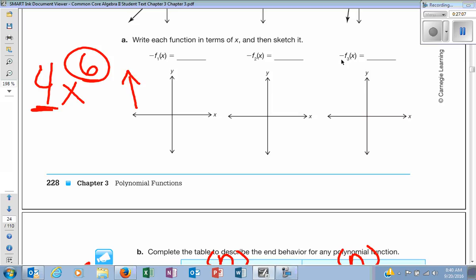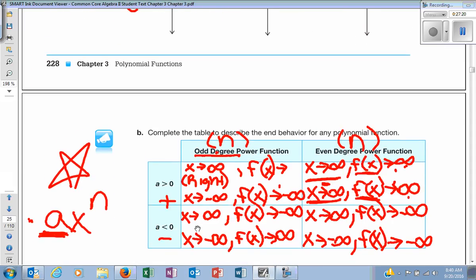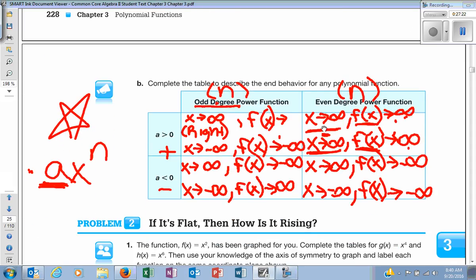And I know on my right side it's going to be up. I don't know about the middle, but I know my end is going to be facing up, and I know my other end is going to be facing up. That's what this is referring to. That says, basically, on the right side of the graph, your y's are getting bigger. On the left side of your graph, your y's are also getting bigger, because both are going to be facing up. That's what the difference was.